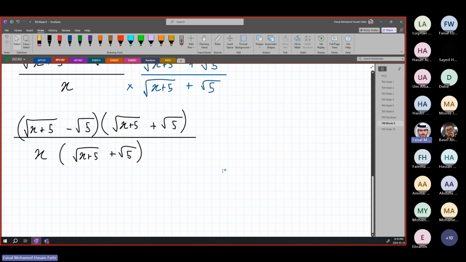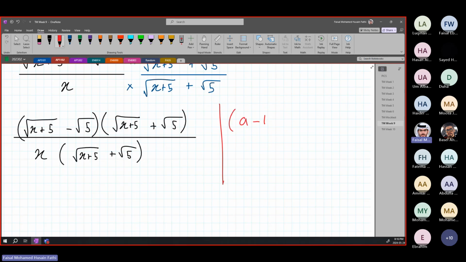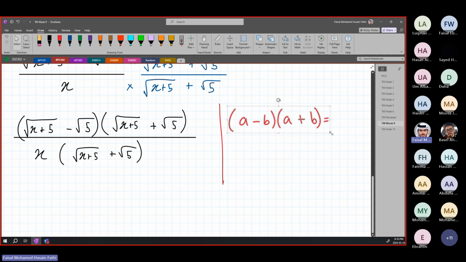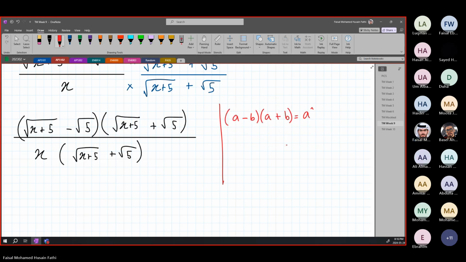Okay? So what is the point of doing this? So if you look at the numerator now, where we multiplied the conjugate of the number, we have this form. We have a minus b times a plus b, and this, all right, is a general mathematic formula which is equal to a squared minus b squared.